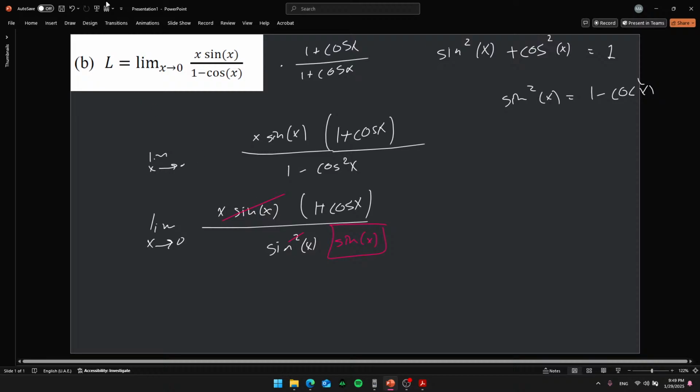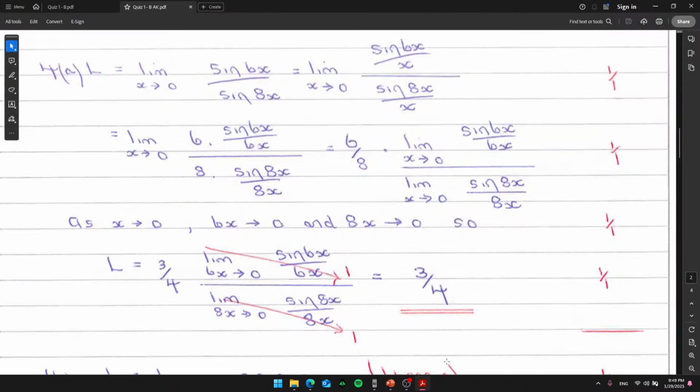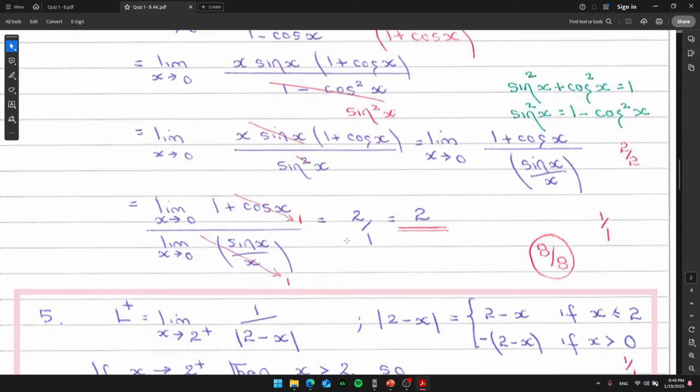Okay, now as x approaches 0, x over sine x times 1 plus cosine x. This will give me 1 times 1 plus cosine 0, which is 1 plus 1, equal to 2. Yep.